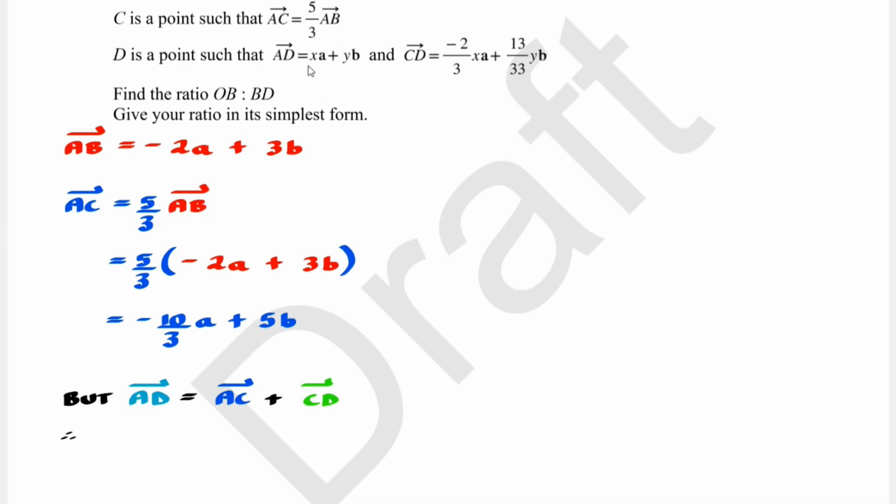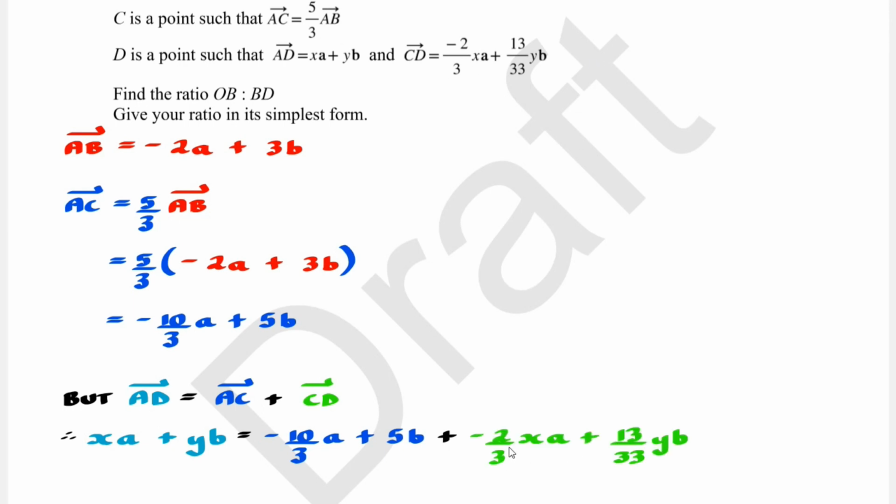That's given by XA plus YB, and that's equal to the vector AC, which is negative 10/3A plus 5B, plus the vector CD, which is given by negative 2/3 XA plus 13/33 YB.